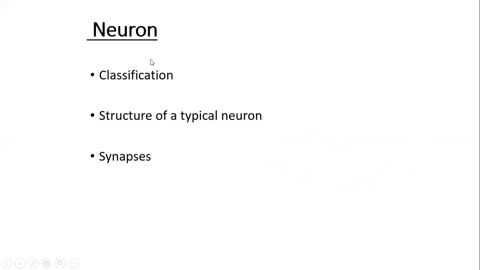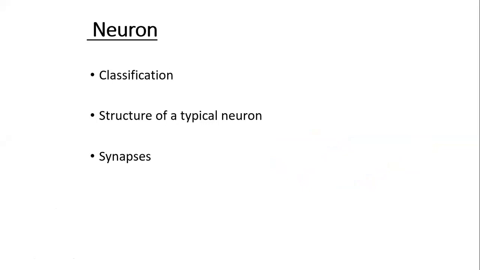Now let's see the neuron, and what we should know regarding a neuron. We just read the definition of a neuron, that it is the structural and functional unit of the nervous system. It is an excitable type of tissue that serves to conduct impulses within the different parts of the nervous system.